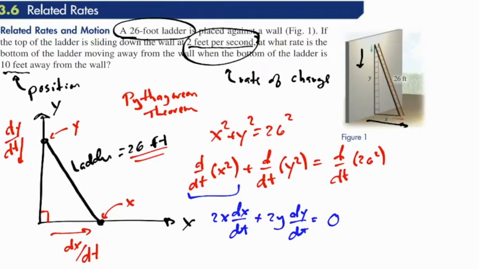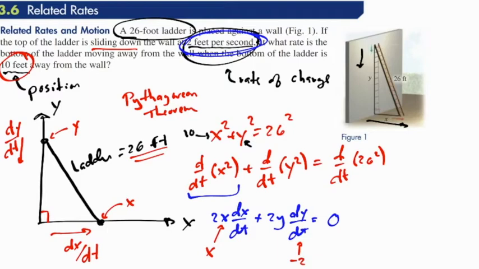Well, we go back and keep reading the problem. We see that they gave us a value for dy dt. So I'm going to plug in 2 feet per second, but it said it was sliding down, so that's a negative 2 feet per second. They gave us a value for x, and because it's the Pythagorean theorem, when x is 10, if we plug it in, we should be able to solve for a y that goes with it.